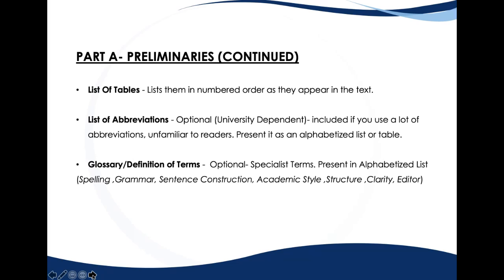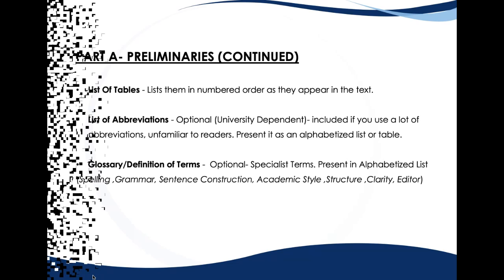The latter part, the glossary and definition of terms, is something that you will navigate yourself and decide whether it's necessary for your study. Some people will believe that they have far too few of these abbreviations that it's better to not do a glossary. They will just deal with these issues within the actual text of their work.